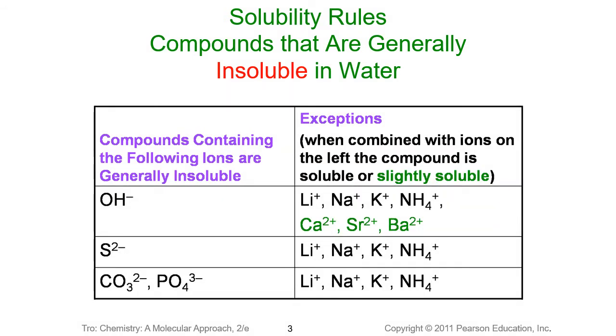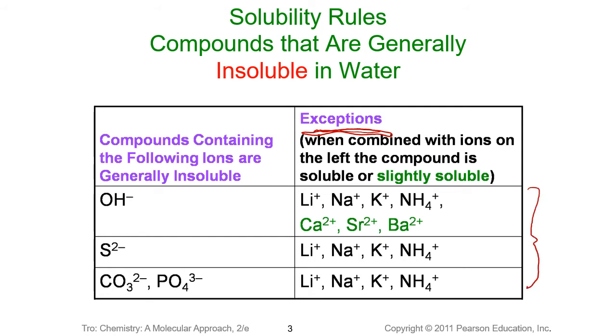We also have some rules for insoluble compounds. So the anions on the left are generally insoluble unless they are an exception. So notice our exceptions.